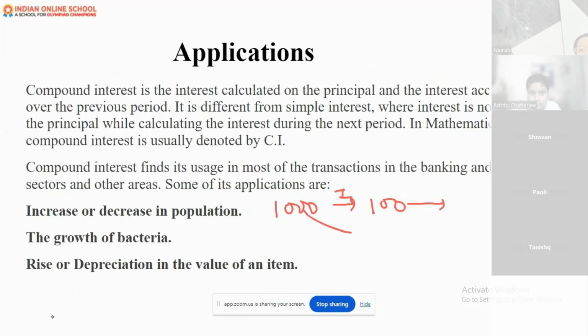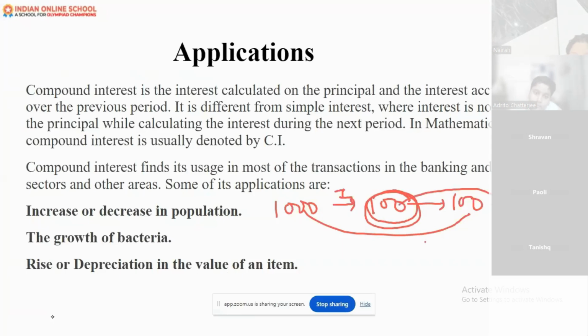I have to pay interest for this 100 rupees, which on this 1,000 rupees is 100, and the next time I have to pay interest for this previous interest as well. Let's suppose on this I have to pay 10 rupees. So now you can see the interest is 100, but the next time, how much interest do I have to pay? 110.